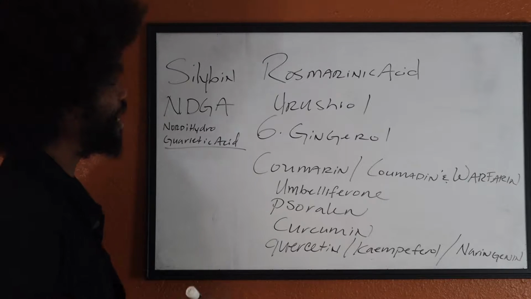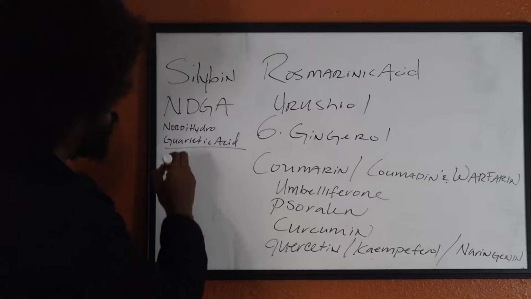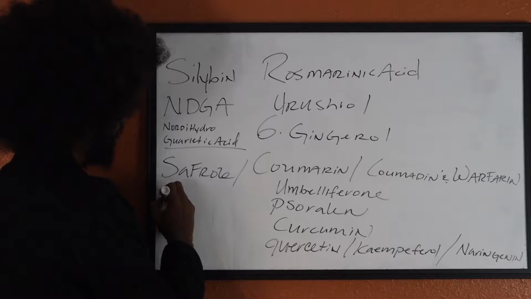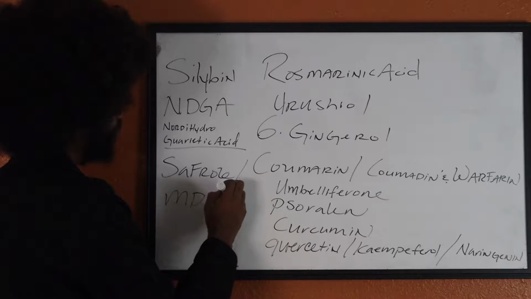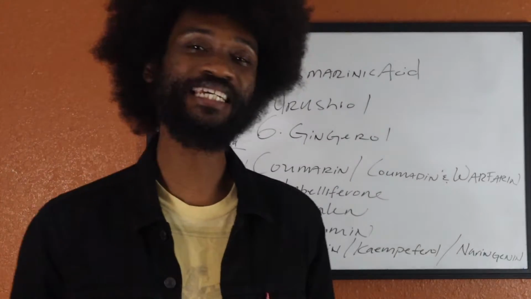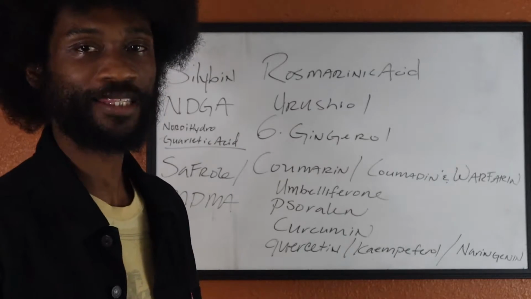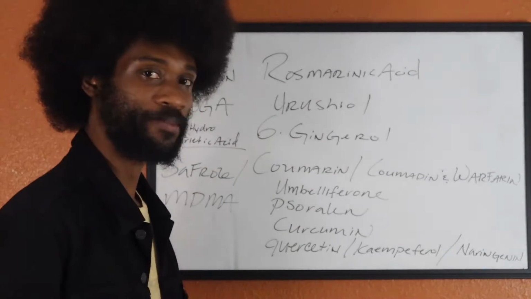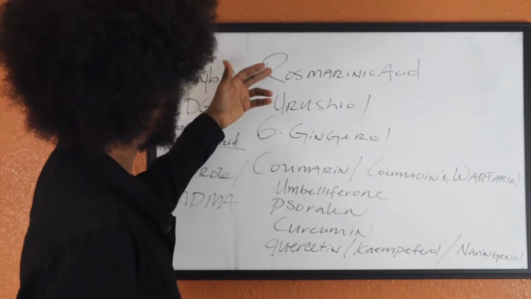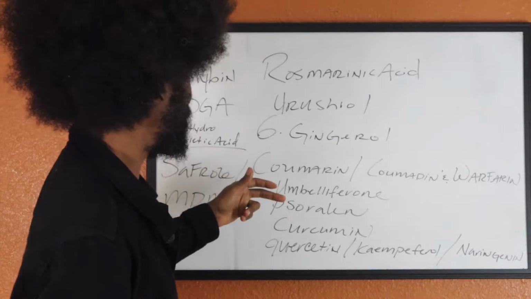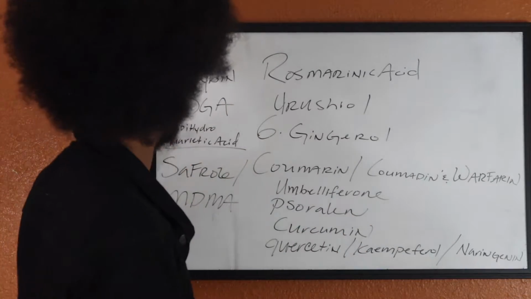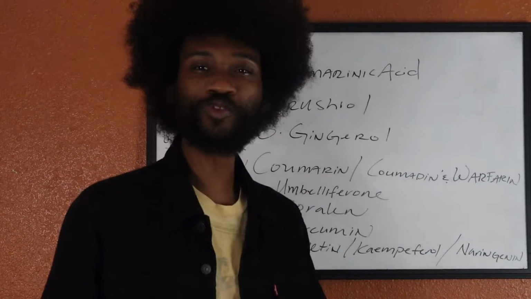Okay, and then we're going to pretty much close on safrole, aka MDMA. That's right, methylenedioxymethamphetamine, specifically 3,4-methylenedioxyamphetamine, right? So we're going to go through all of these, like 15 of them. We're about to go through some of these molecules.